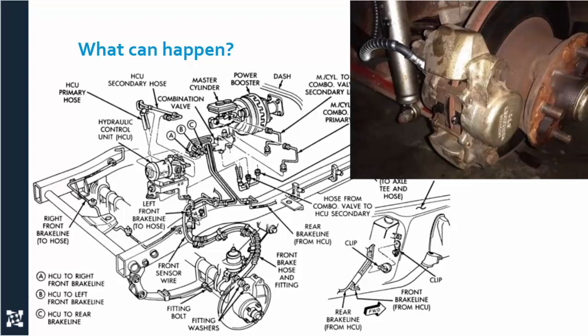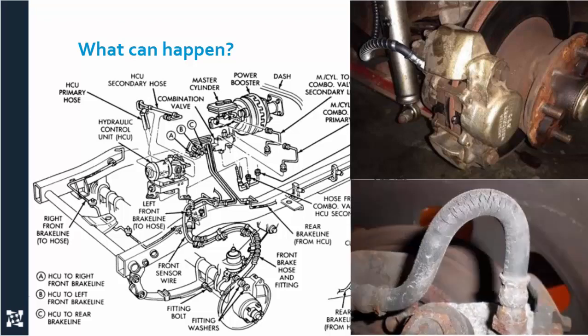But little tiny things in this big system can cause big problems. We look at that hose in the top picture. It's a beautiful hose. It's got a beautiful metal protector on it. It's carefully routed. We look at the hose in the bottom picture, and it's cracked. It's got a pretty severe angle in it.